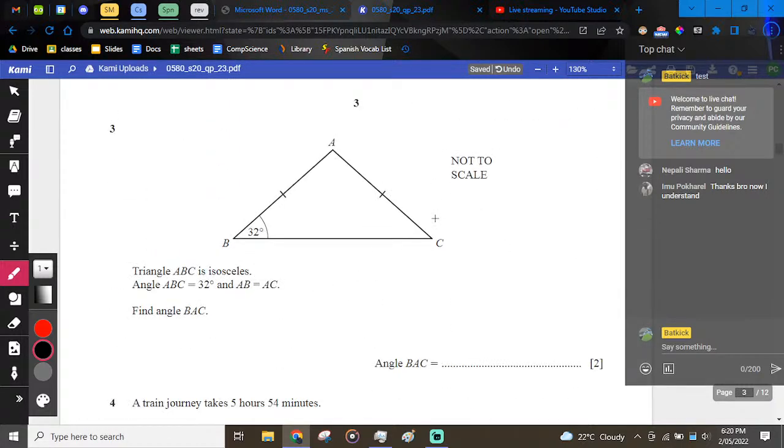And here we have an isosceles triangle. Find angle BAC. Since isosceles, these two angles match, 32, and a triangle totals 180, so 180 minus 2 times 32 is 116.